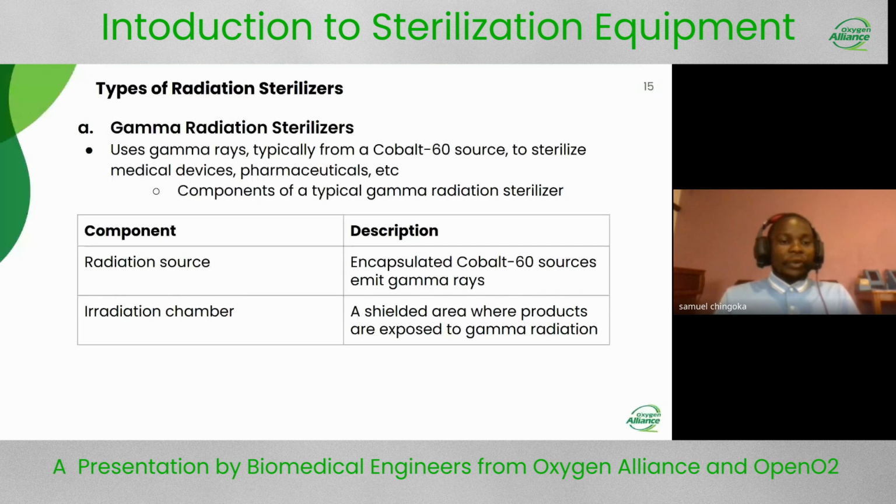So starting with gamma radiation sterilizers, we use gamma rays, typically from cobalt 60, which is our source, to sterilize these medical devices or pharmaceuticals. Of course, they are used at small scale, but mostly they are used at a larger scale, such as in manufacturing industries, whether it's to do with pharmaceuticals or food and beverages.